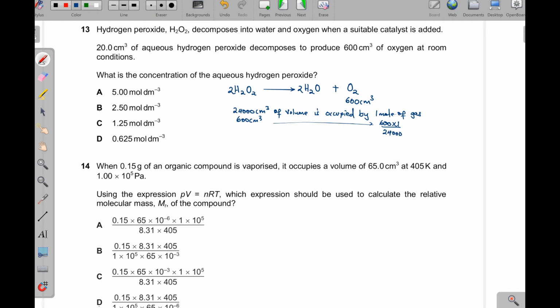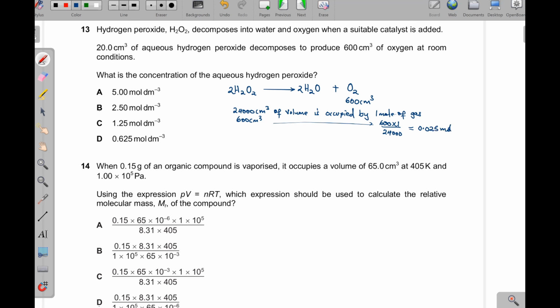So usually we just get the volume there, then you divide by the molar gas volume. You see that? And if I take this one, 6 goes into here 4 times, so this will be 40. 1 over 40 will be 0.025.